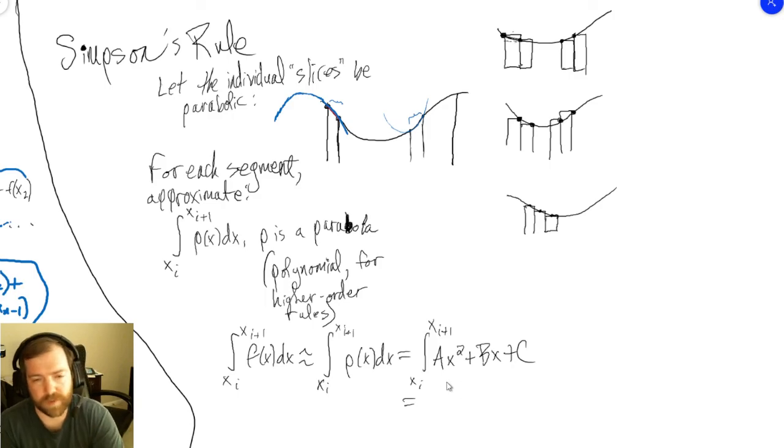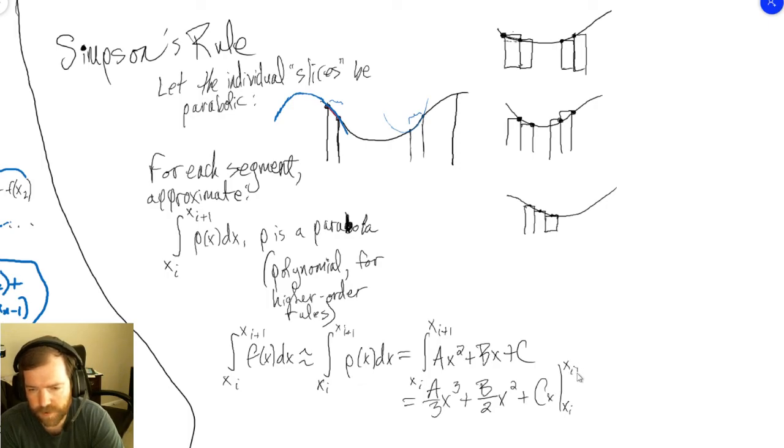Because now it's just a polynomial. So this is going to be a over 3 times x cubed plus b over 2 x squared plus cx evaluated from x sub i to x sub i plus 1.